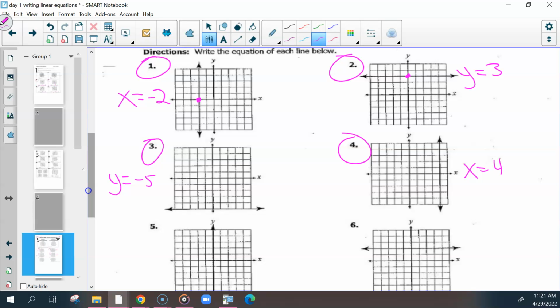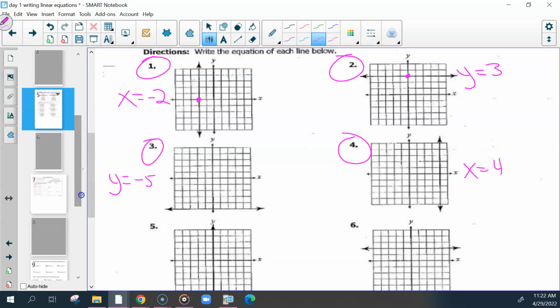Have questions on any of those? We're going to move on to the next page.